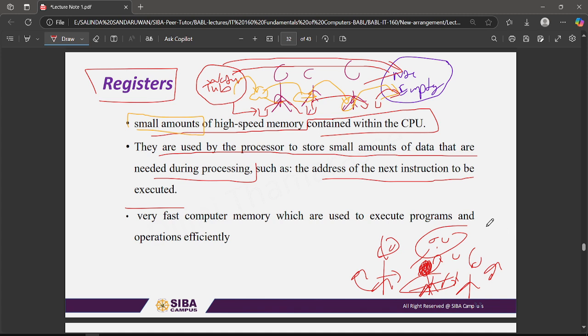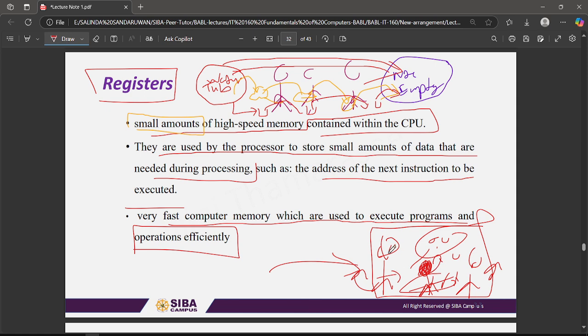So likewise, they are performing operations collaboratively. Same concept for the CPU. Very fast computer memory, which is used to execute programs and operations efficiently. So if you do teamwork like this, it's very efficient.